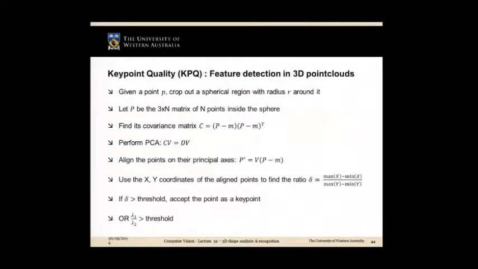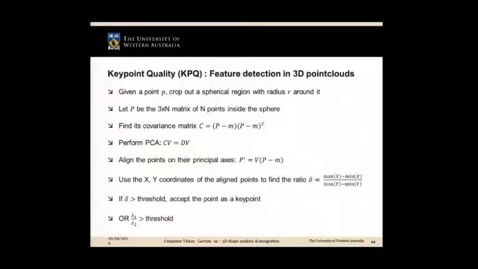But in their PCA, instead of reducing the dimensionality, their aim is to align the object along the principal axis. PCA gives you the maximum variance along the x and y directions. So they use that information to align the object along its principal axis. And then once they have aligned their patch with the object, they compute the maximum and minimum values along the x and y direction.